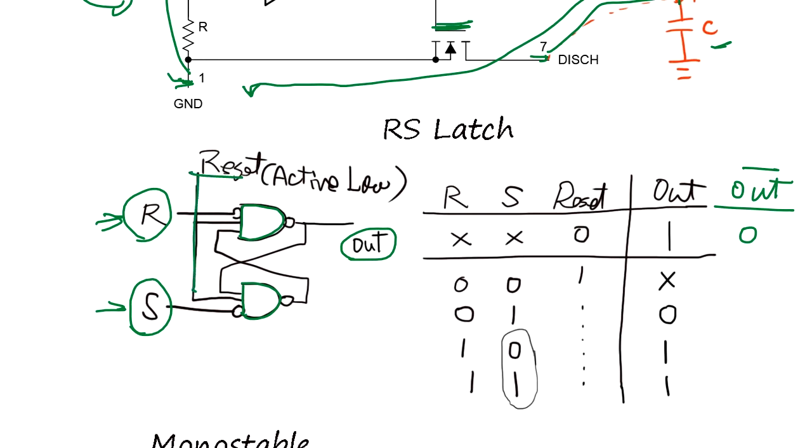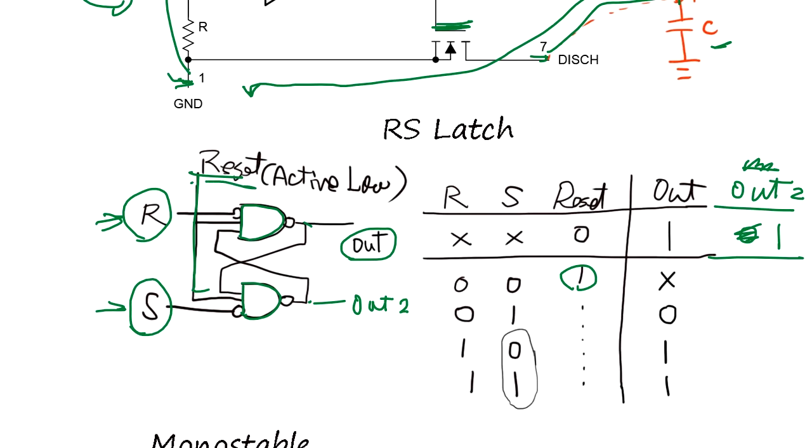When this goes low, both become high. We should say 2 outputs instead of complement, right? So reset has to be high, this signal has to be high in order to operate.